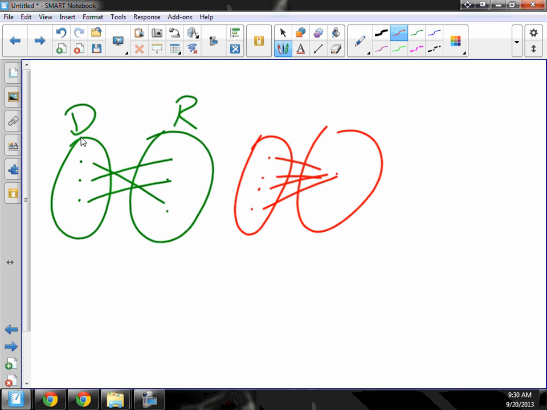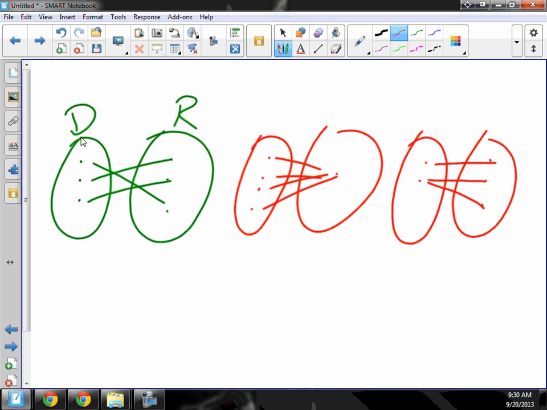And the analogy we used before is every person only lives in one city. It's okay if a city has more than one person in it. So to be a non-function, we would need to have something like this. This x is attached to two y's, which means it's not a function.